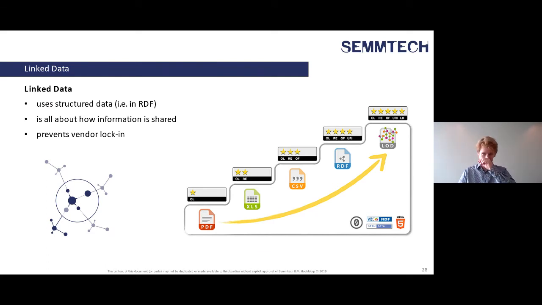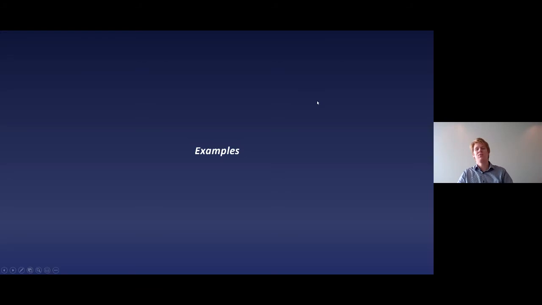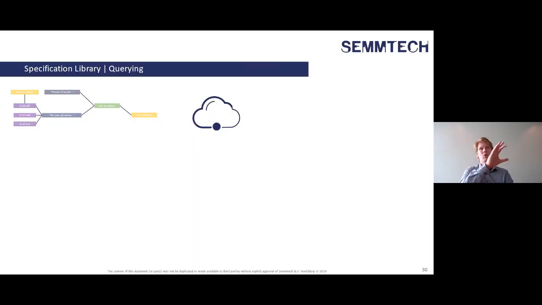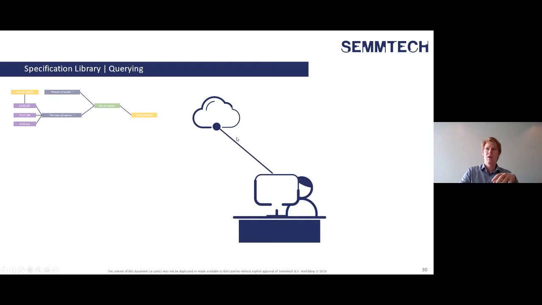Now let me try and give you some examples as to why you might want to store your information in an information model in a specification library. So say we've modeled the example I gave earlier, and we've published this in a linked data platform. Then we have our user from their computer who has access to this particular publication.